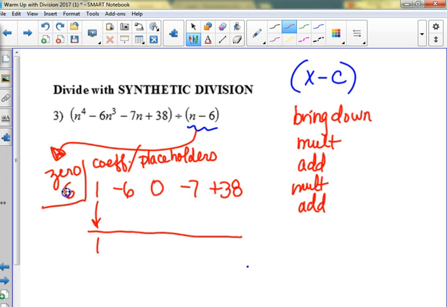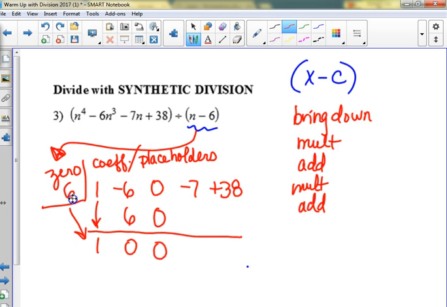Then we multiply 6 times 1. These numbers out here are what we're multiplying, okay? 6 times 1 is 6. Add down the column and we get, now this is where it usually goes wrong. What's 6 times 0? Okay. Add, yes.